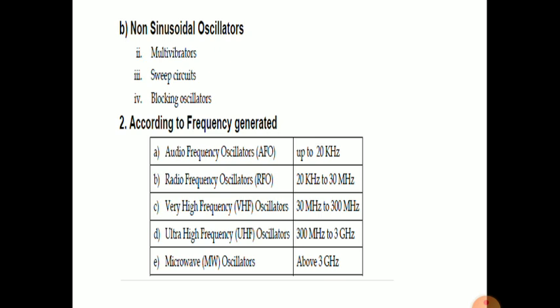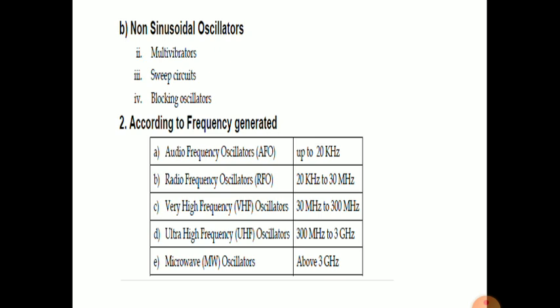Next, according to the frequency of the generated output. Any AC waveform will have a frequency, so depending on the output frequency produced, we can classify these oscillators into different types. The first one is audio frequency oscillators, AFO, with a frequency range up to 20 kilohertz.